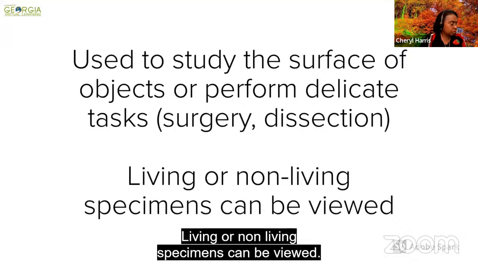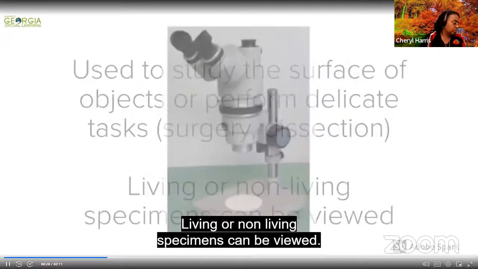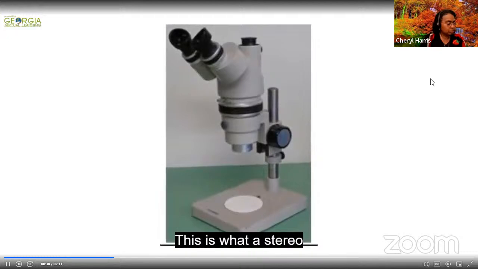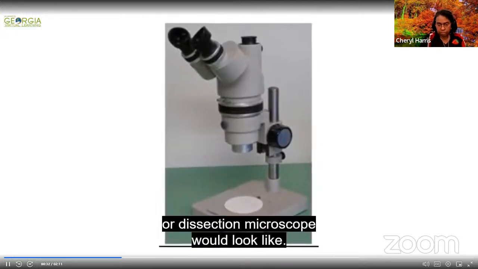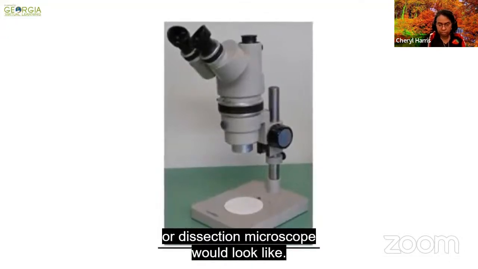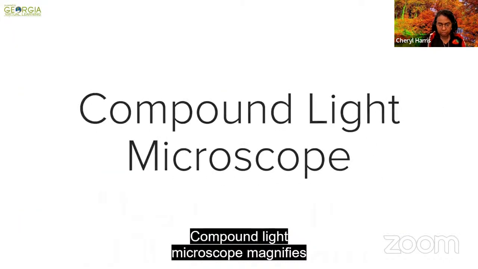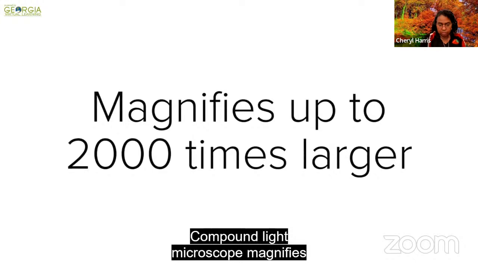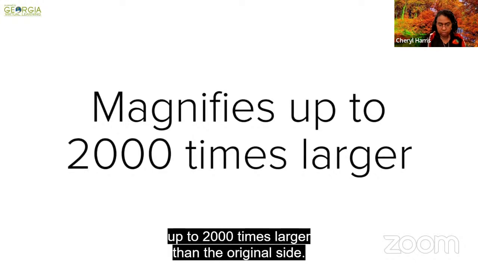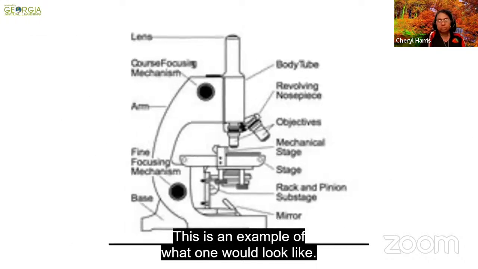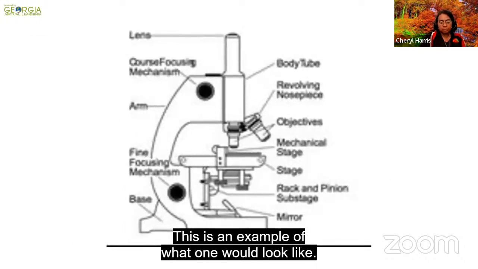Living or non-living specimens can be used. This is what a stereo or dissection microscope would look like. Compound light microscope magnifies up to 2,000 times larger than the original size. This is an example of what one would look like.